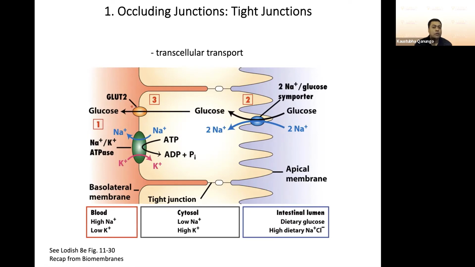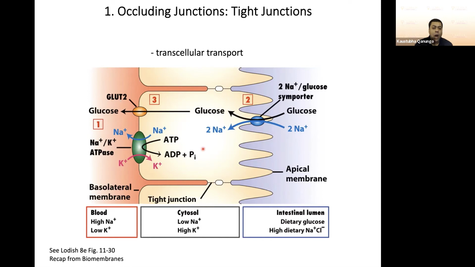This GLUT2 transporter, which is only on the basal side of this cell, will move glucose from a region of high concentration to a region of low concentration. The glucose concentration inside the cell is high, so it moves out into the bloodstream, where it will be delivered to proper places, mainly the liver, where it will be converted into glycogen, or the muscle, where it will also be converted into glycogen. The sodium is maintained by a sodium-potassium pump, but these are the things going on.